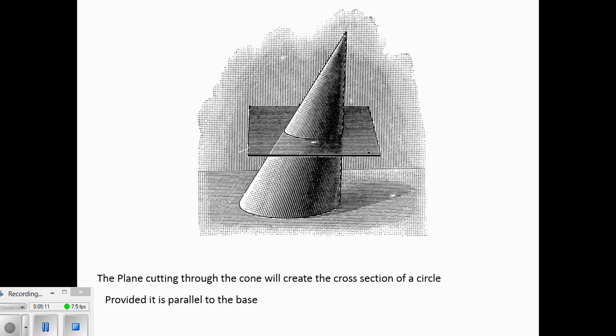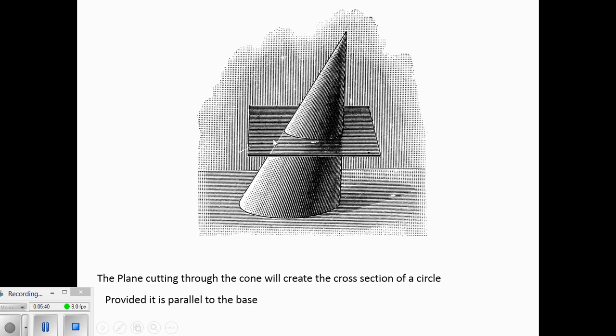A very popular plane in geometry and then into algebra is the plane that is used to cut through a cone. Depending upon how this plane is positioned, in this case parallel to the base, you've got to imagine what the cross section will be, what will be the slice of the cone made by this plane.